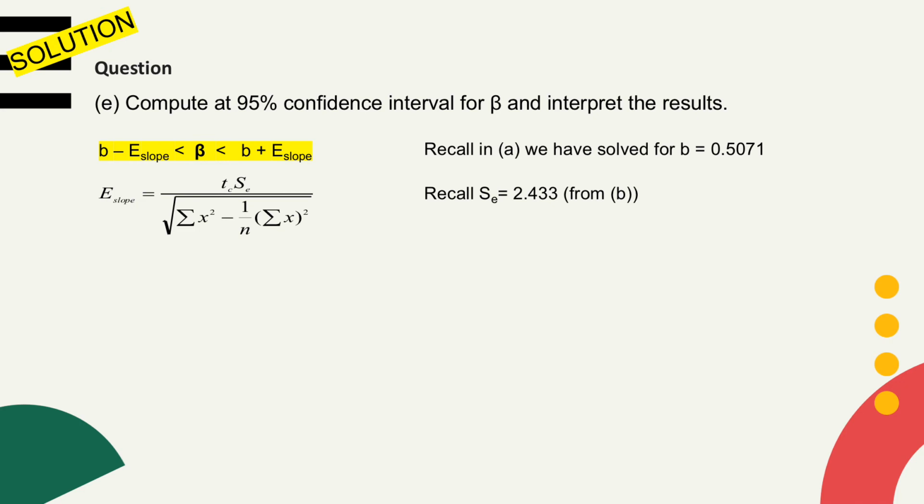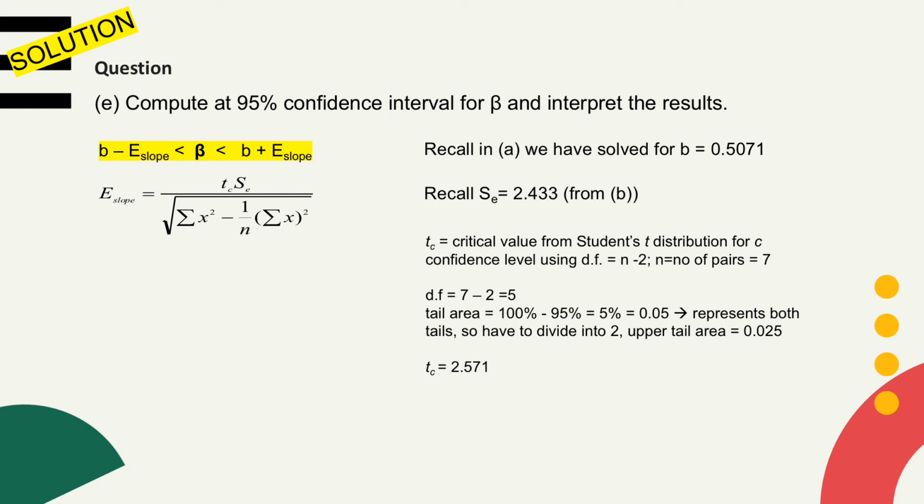We have to substitute the value of Tc and Se. We got the value of Se equal to 2.433 from question B, and Tc equal to 2.571. So solving the terms in the E slope formula, we got the value of 0.1182.